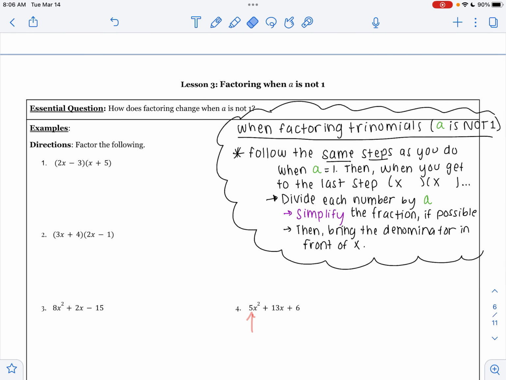And so when factoring trinomials when a is not 1, you're going to follow the same steps as you do when a is 1. And then when you get to the last step, which is this step right here, oops, I didn't mean to erase that, you're going to divide each number by a, simplify the fraction, if possible, and then bring the denominator in front of x, and we'll go over all that.